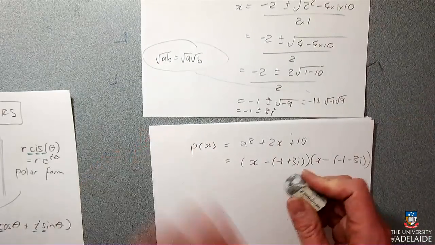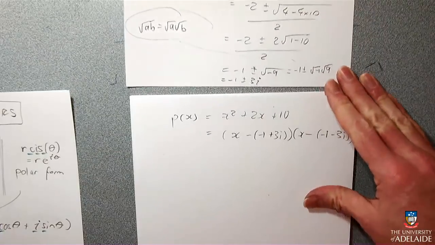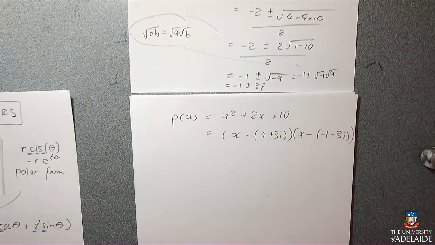Okay. So here's the thing. There's a really useful piece of information, which is if you have a polynomial that has real coefficients, then if you have a complex number which does satisfy it, then its complex conjugate will be guaranteed to satisfy it as well. So that's a theorem.